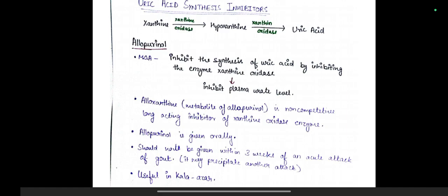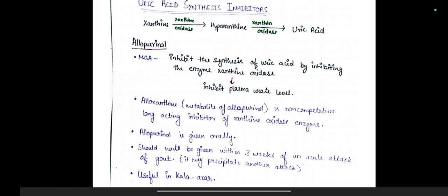Alloxanthine, a metabolite of allopurinol, is a non-competitive long-acting inhibitor of xanthine oxidase enzyme. Allopurinol is given orally and should not be given within 3 weeks of an acute attack of gout because it may precipitate another attack.